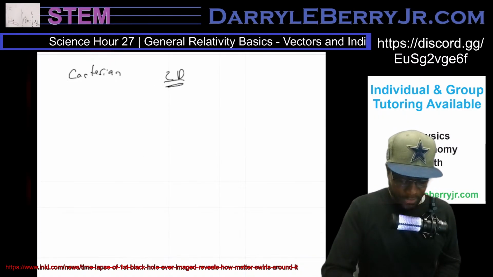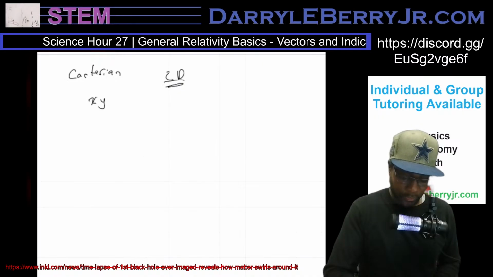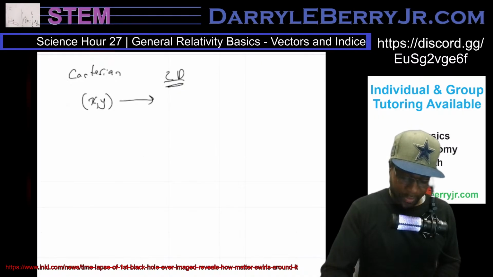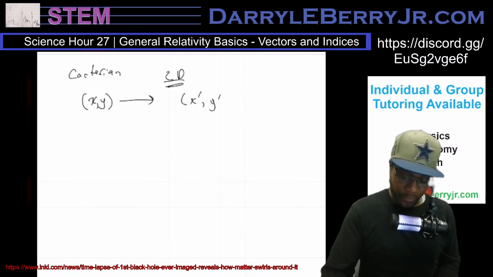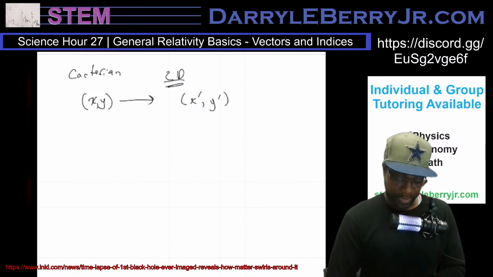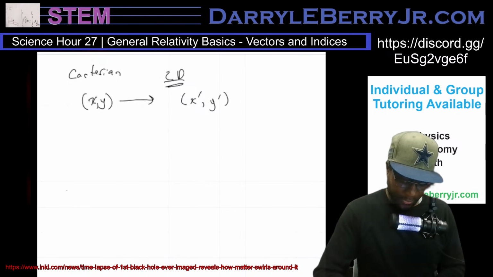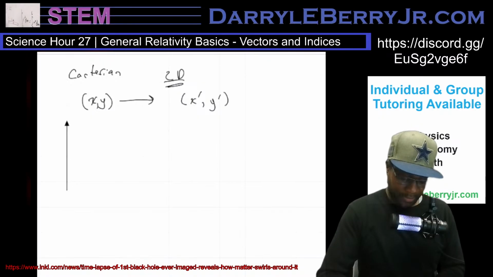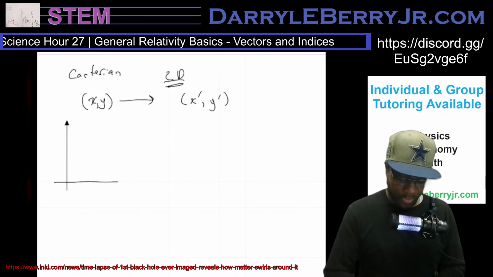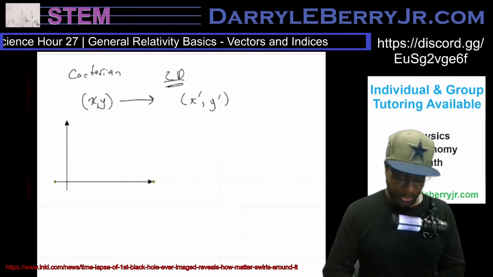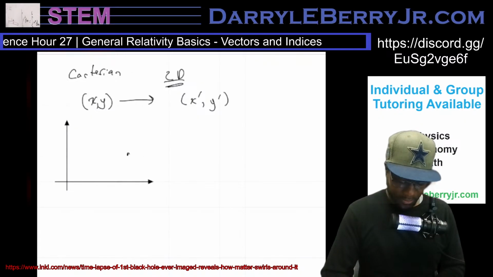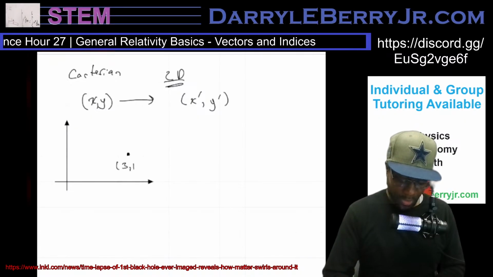But what we're going to do is take XY coordinates and transform them into X prime and Y prime coordinates. And we're going to do that with a point in the Cartesian coordinate plane. So I'm going to choose the point to be 3, 1.